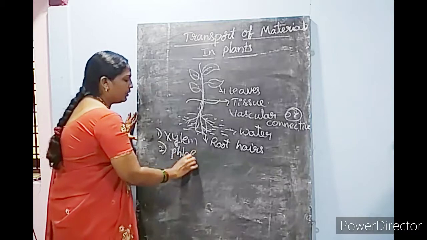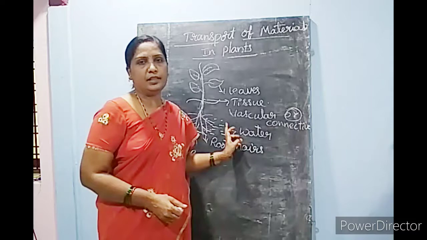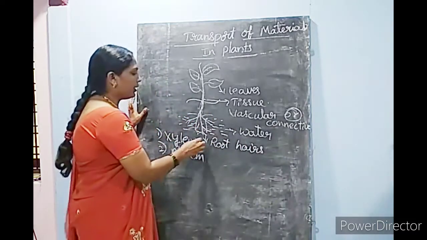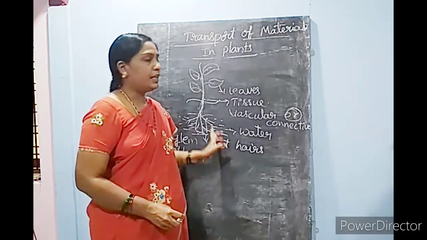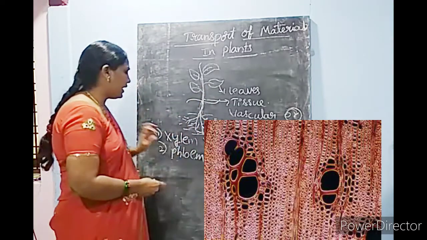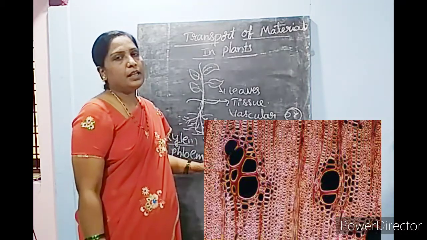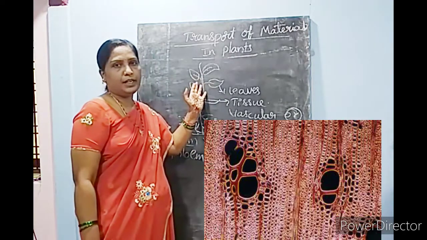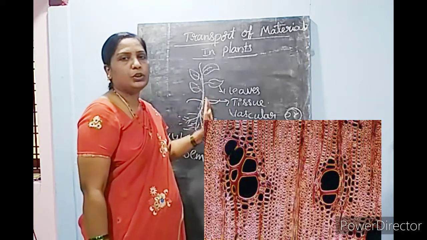The water absorbed by root hairs is transported to the leaves with the help of xylem tissue. Xylem conducts water from roots to the different parts of the plant, especially the leaves.